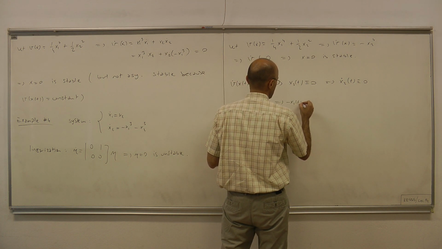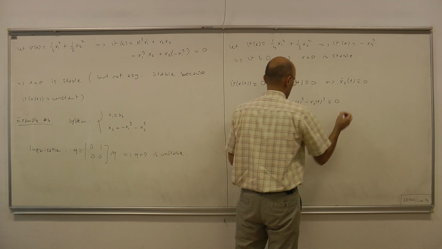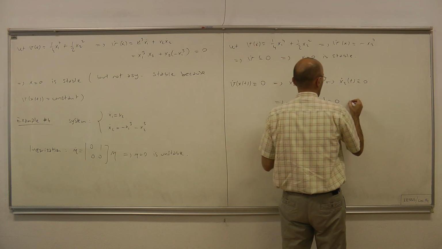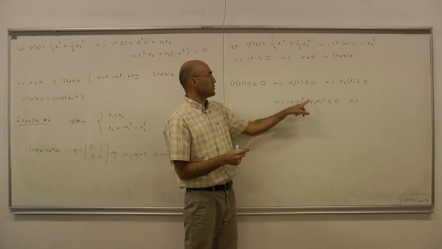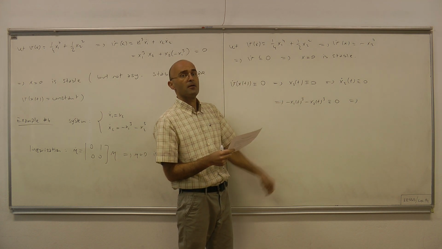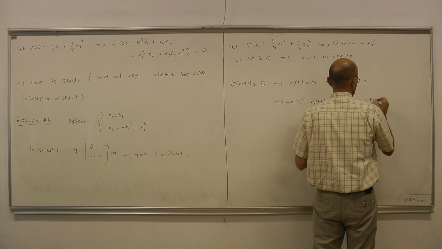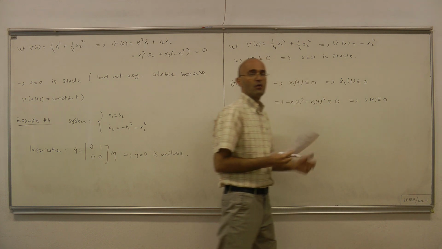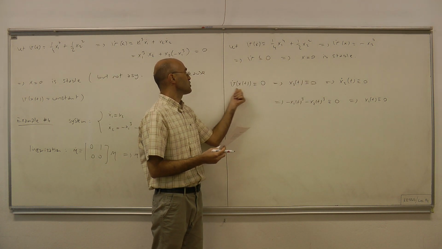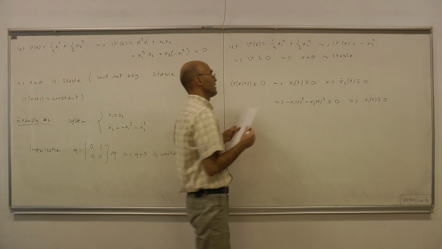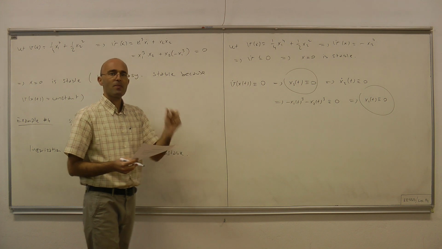Minus x1 of t cubed minus x2 of t cubed is identically zero, and because x2 of t was identically zero, x1 of t also is identically zero. Hence, there is only one solution for which V dot is identically zero, and that solution is x of t identically zero.